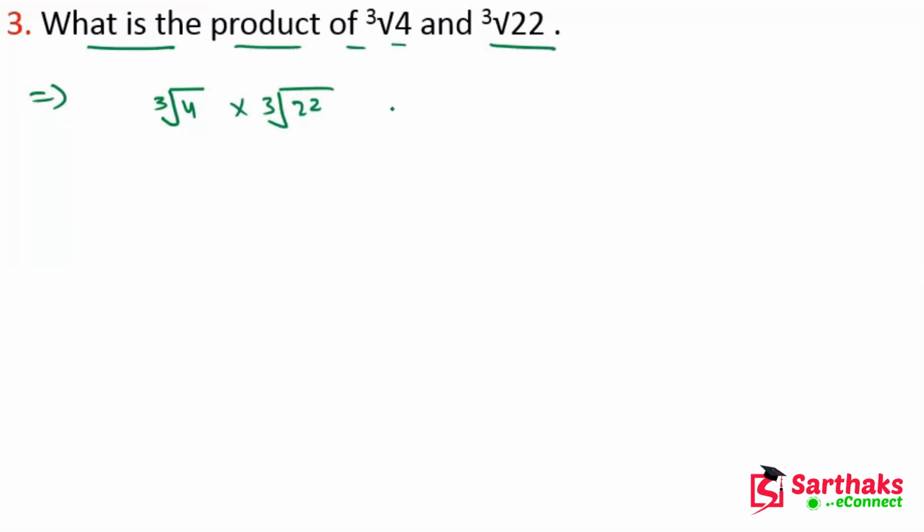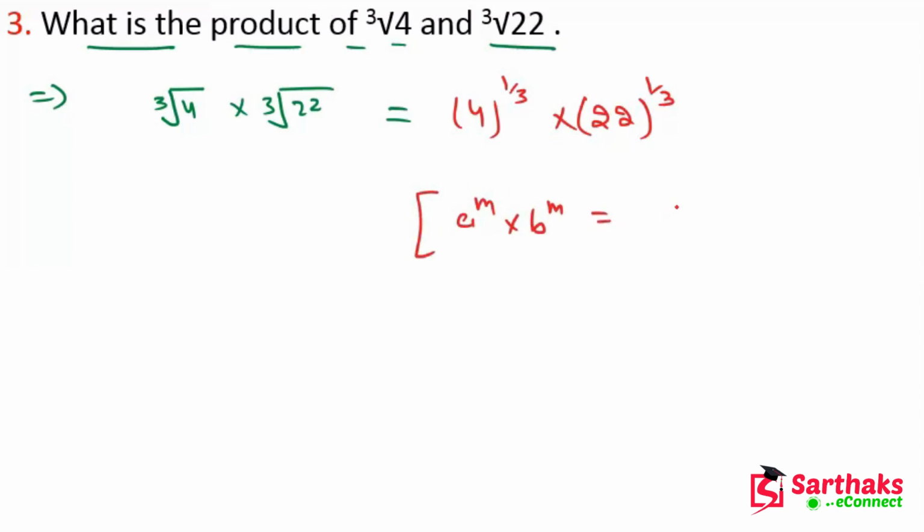We can write it like this: 4 raised to power 1 upon 3 into 22 raised to power 1 upon 3. This is the case of a raised to power m into b raised to power m, which equals a into b whole raised to power m. This is the law of exponents.